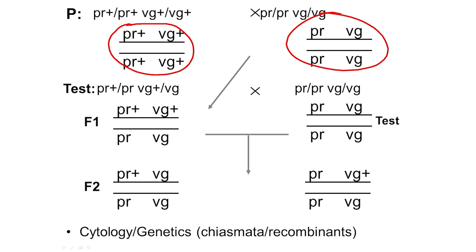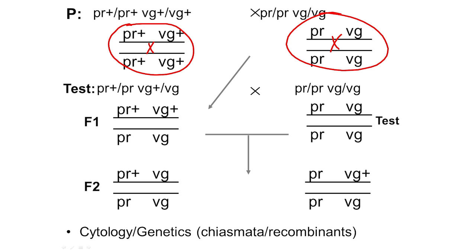One thing that's interesting: if a crossover occurred in either of these parents, it totally doesn't matter, because there's no way to get anything but PR plus and VG plus, which also keeps the pure breeding intact. You can rearrange them all you want, but there's only two things there.